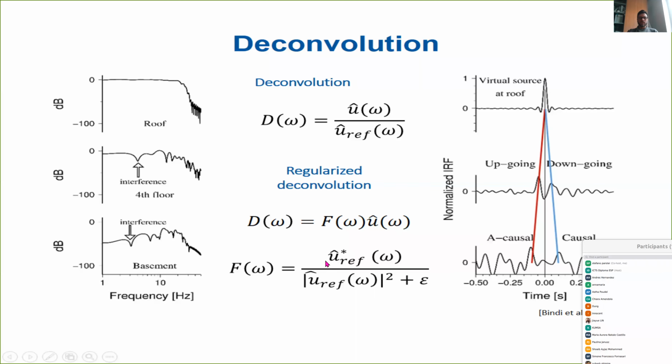When I calculate the deconvolution, generally, I go from this equation through this equation because I also need to consider a certain water level. I don't want my denominator to become too small, because this could affect the ratio between the two spectra, and I could have artifacts due to numerical problems or numerical noise in my spectra.